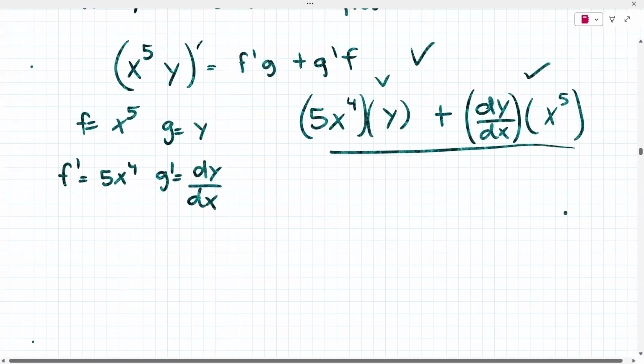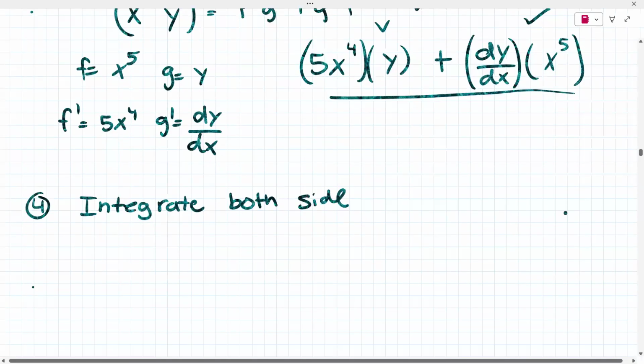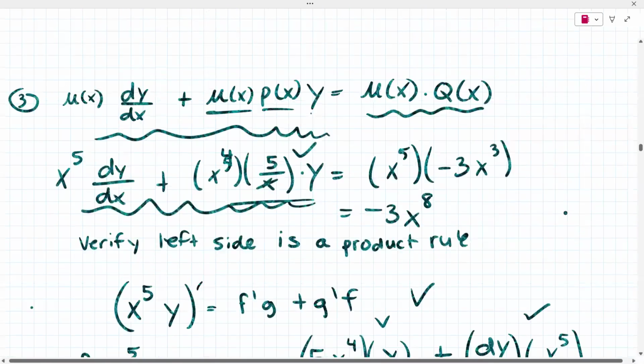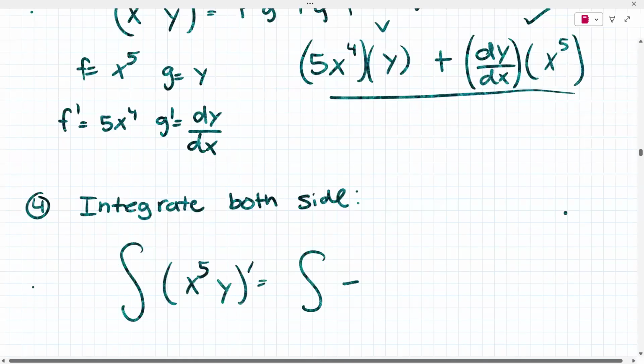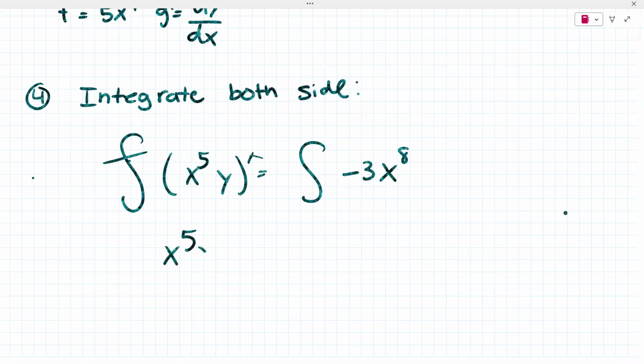Okay, step 4, integrate both sides. So we said that we simplify the right and it gives you negative 3x^8. As you recall, an integration and a derivative cancel, so now you're just left with x^5 y. And on the right, this is not too bad.